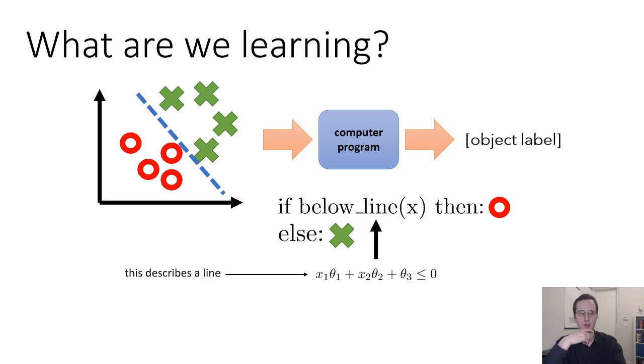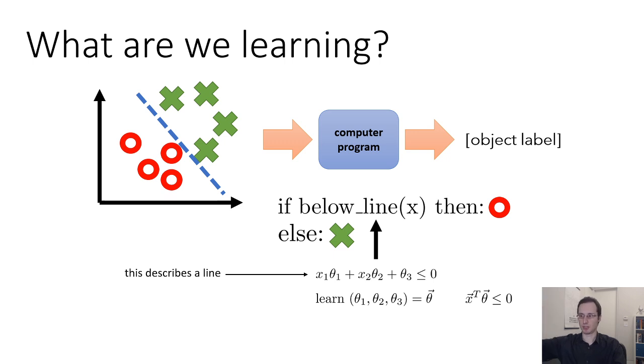And this equation describes a line. So learning means figuring out what to set those theta 1, theta 2, and theta 3 to in order for the program to give you the right answer. So what we're learning is theta 1, theta 2, theta 3, or you can also call it a vector theta, which has 3 elements. And when you call it a vector, then you can also express this equation for a line as x transpose theta less than or equal to 0.